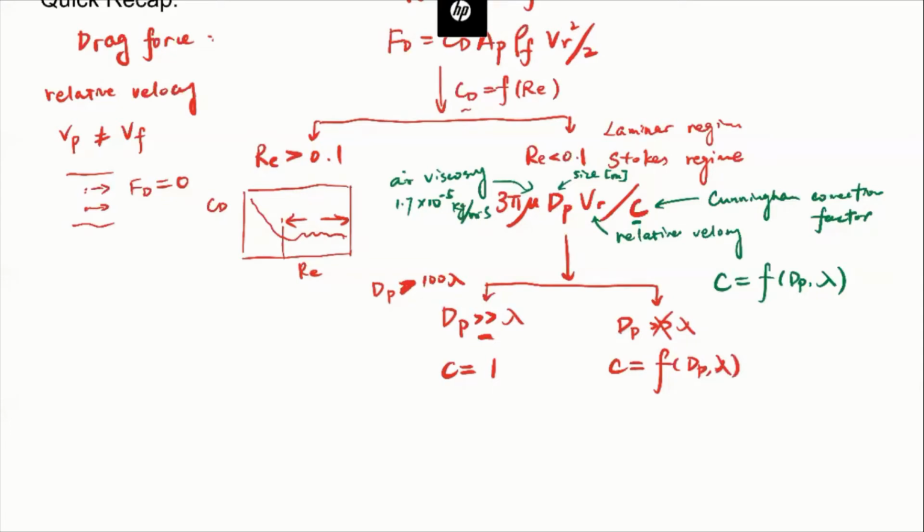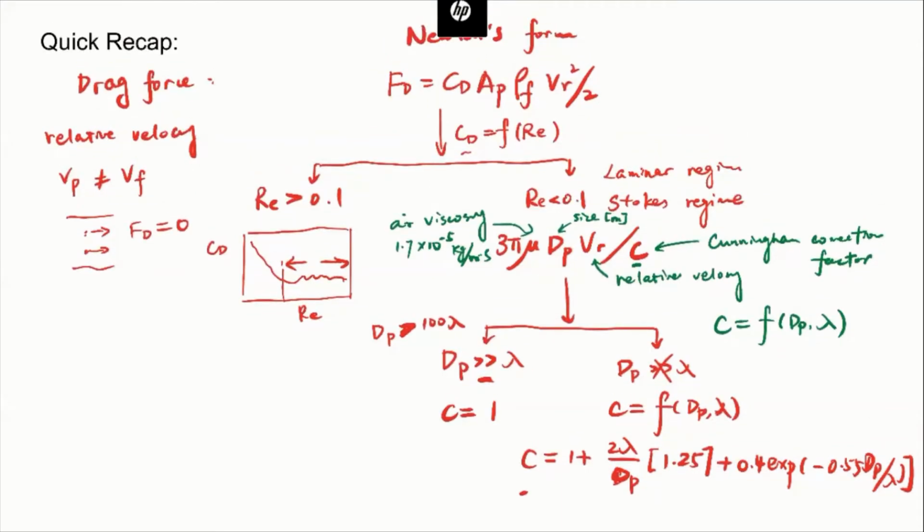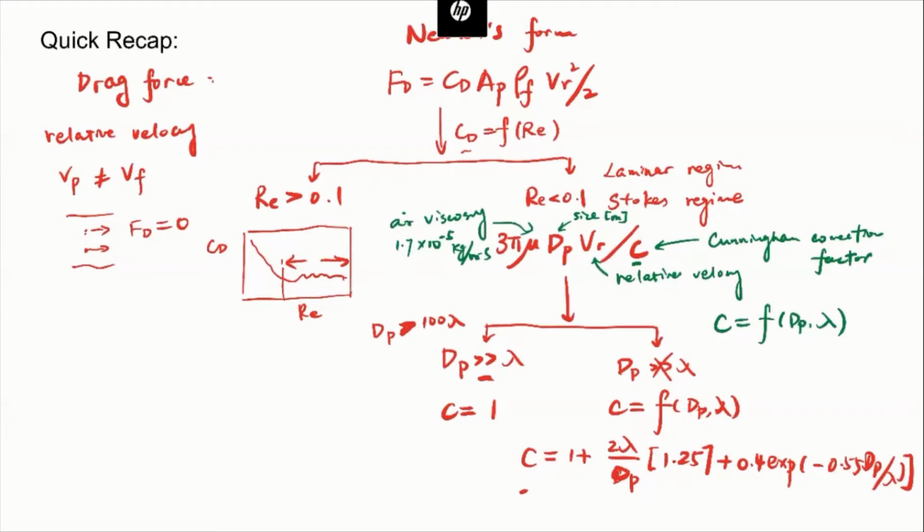I'll just repeat the equation. It's also in your textbook. d_p, 1.257. So we can use this equation to calculate the Cunningham correction factor, then back calculate the actual drag force.